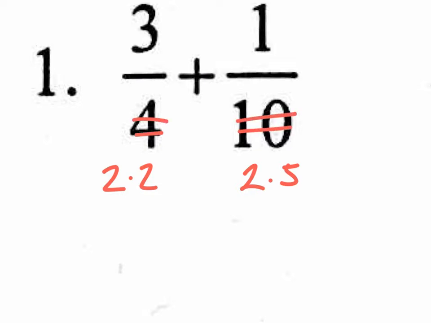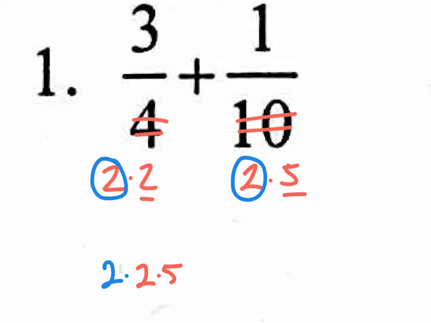Now, whenever you have the same thing repeated in both, this is what I want to do. I want to circle it, and I want to write that down as the first part of my LCD. And what about the rest? I'm going to bring down the rest also. Times 2 times 5.